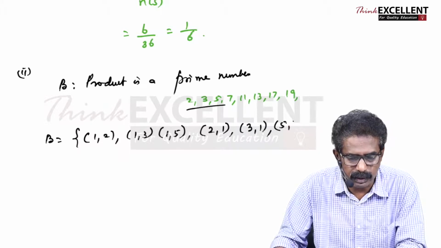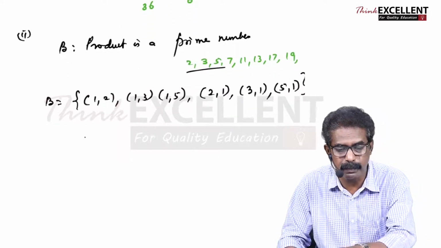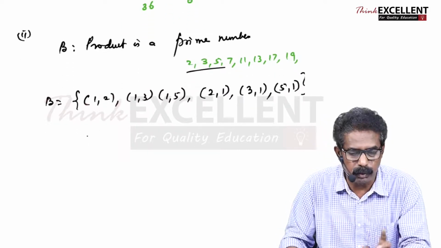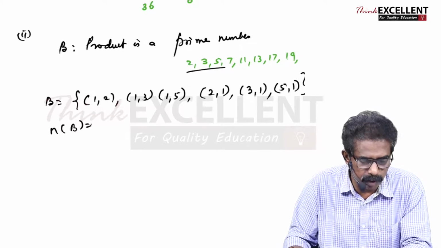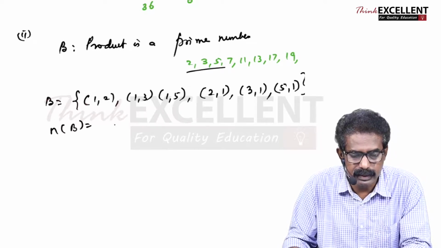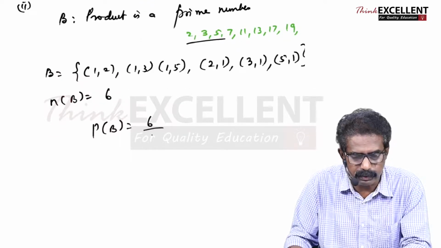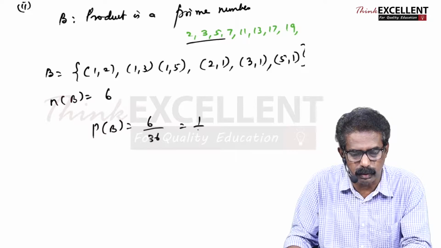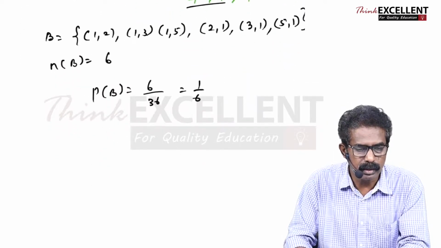Fifth row 5 1, right? So you can check it. Okay. So when you multiply, your answer is a prime number. You won't get anything else. So N of B is equal to, see how many cases? 6 cases. So P of B is equal to, here also 6 by 36. So your answer is what? 1 by 6.